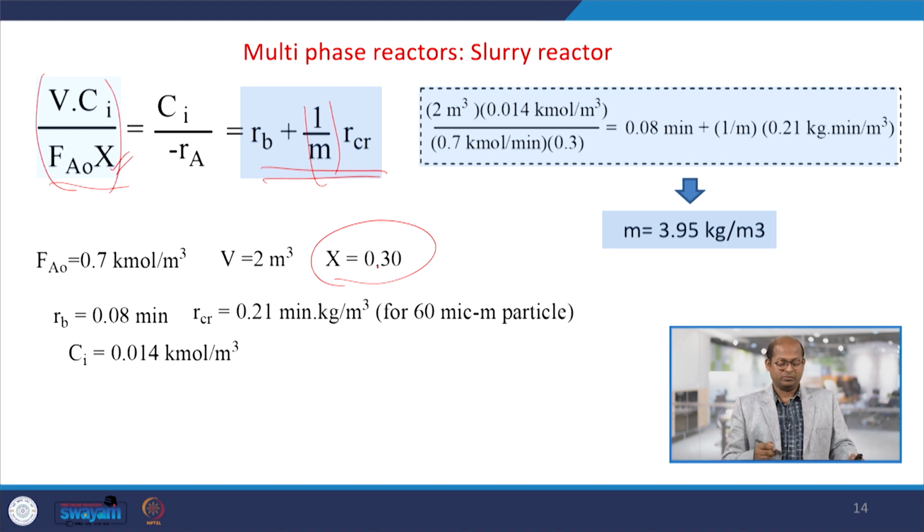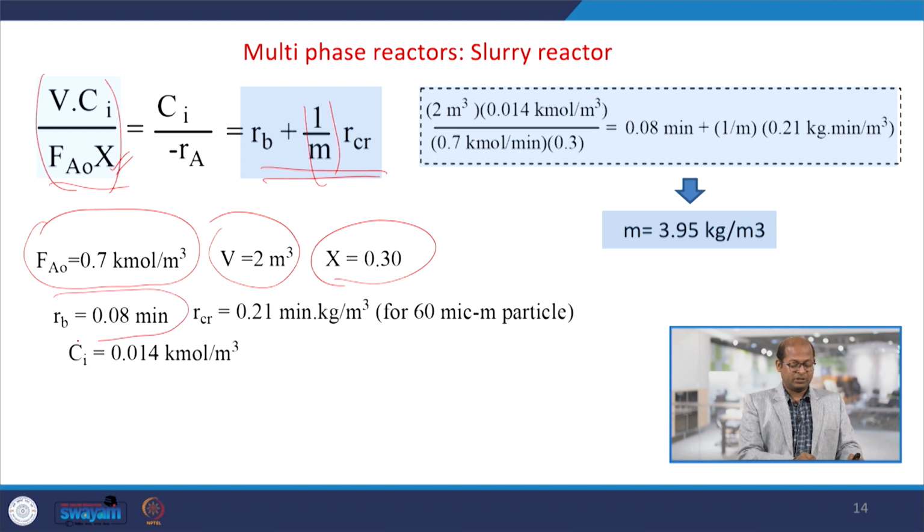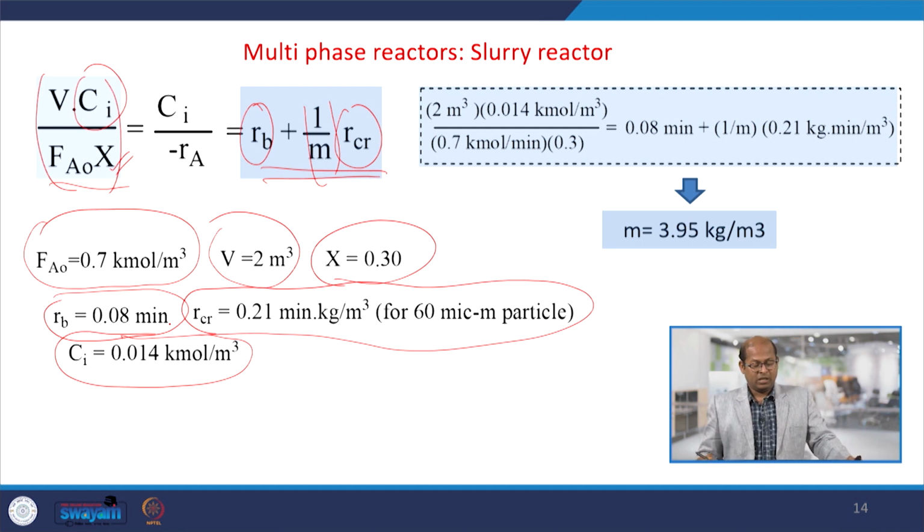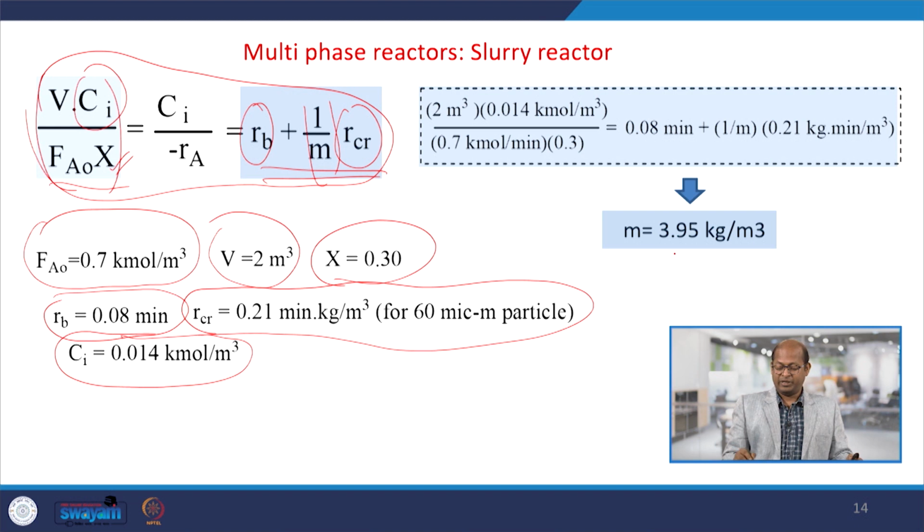This is given. If you want to get 30% conversion, the volume of the reactor is given, F naught, the molar feed rate of component A, is given, Rb, the gas phase absorption constant, is also given, RCR we have also found for 60 micron particles and can substitute here, and Ci, the solubility of hydrogen at that particular point, is also known. So, if we substitute all these known components in these equations, then 1 by m we can find out, that is the unknown, the mass of the catalyst that we have to charge for this particular reaction to operate and get 30% conversion.